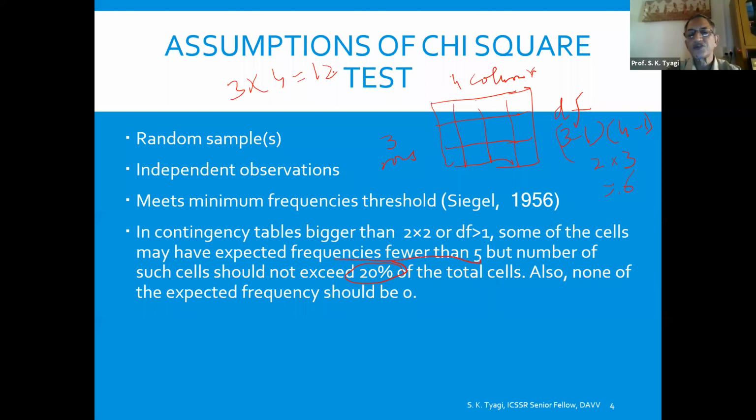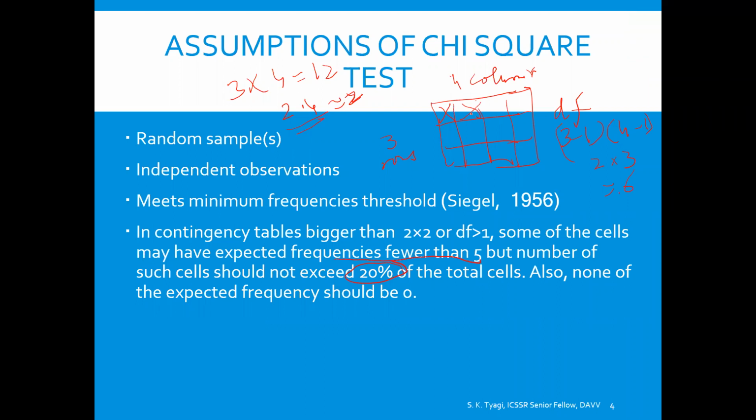Now let us see what is 20%. 20% of 12 is 2.4. So roughly any two of these may have FE less than 5, but not more than 2.